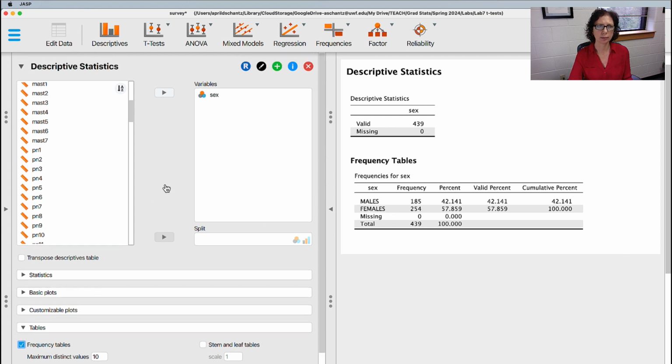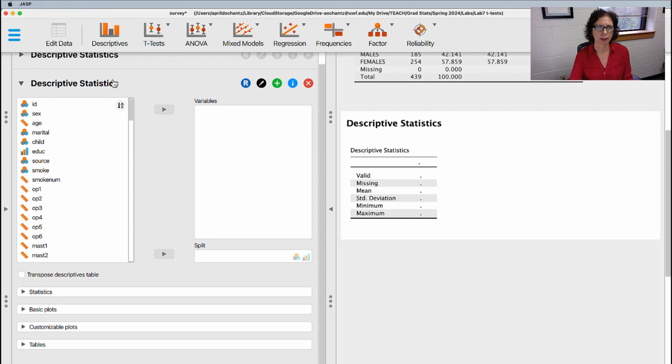We're going to need somewhere or even more information for our continuous variable. So we'll grab another descriptives panel, and this will be descriptives for total self-esteem, which is our continuous outcome.